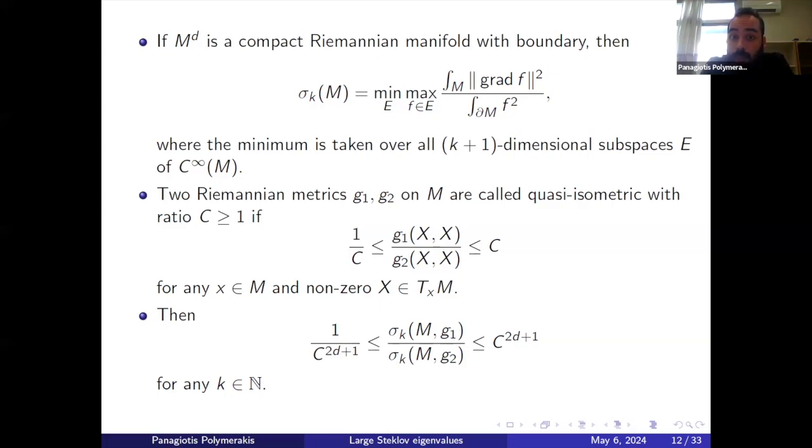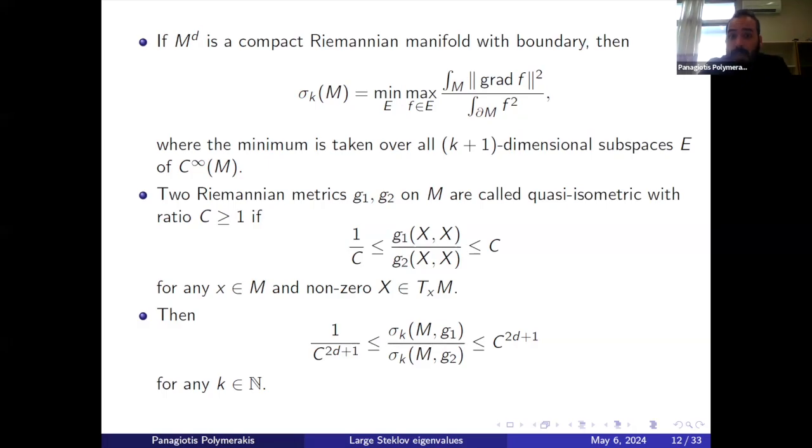And the interesting thing with this expression is that although our operator is defined in a quite more complicated way, in this expression we do not have any derivatives of the Riemannian metric. So if we have two different Riemannian metrics on the manifold, which are close only in the C0 sense, then these quantities are uniformly comparable.